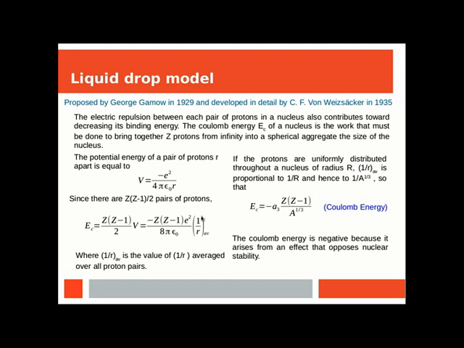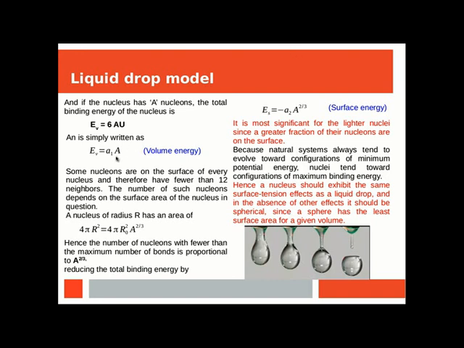Because 1 by r is proportional to 1 by capital R. Capital R is the radius of the nucleus, and capital R is proportional to the cube root of mass number. So it is always better to write things, as we have been consistently doing, in terms of mass number.